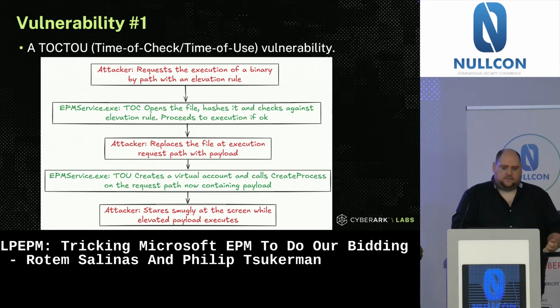Then the attacker will replace the file at the execution request path with its own malicious payload. Then at the time of use, EPM service will create a privileged virtual account just in time and call create process on the request path, now containing the malicious payload by the attacker. And finally, the attacker will stare smugly at the screen while the elevated payload executes.